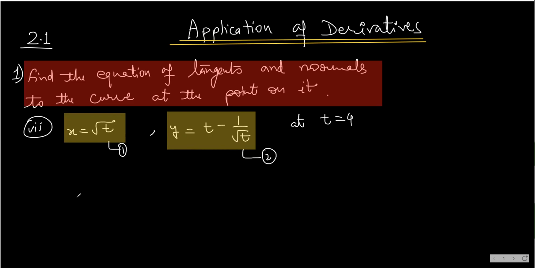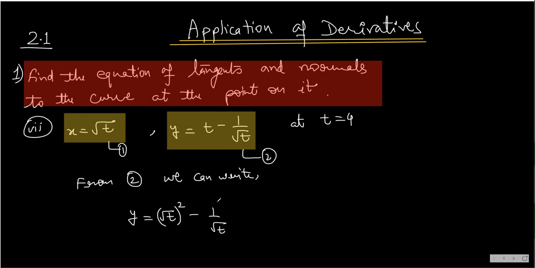Now from 2, just understand what I'm doing. From 2 we can write y equals t minus 1 upon root t. I can write t as root t square. So y equals root t square minus 1 upon root t.